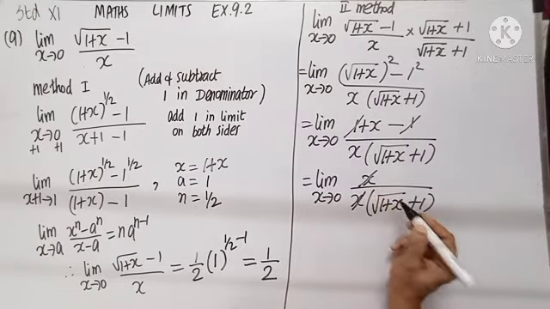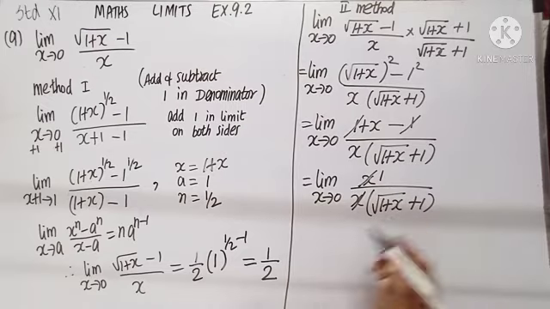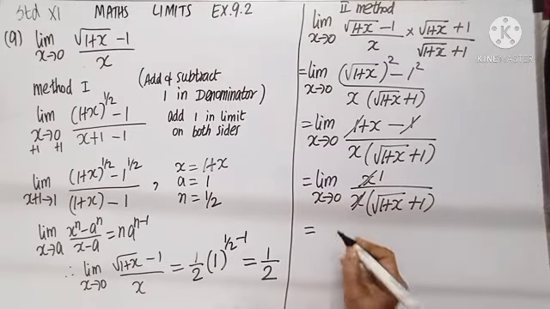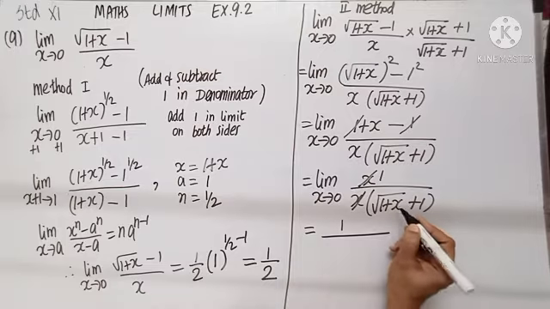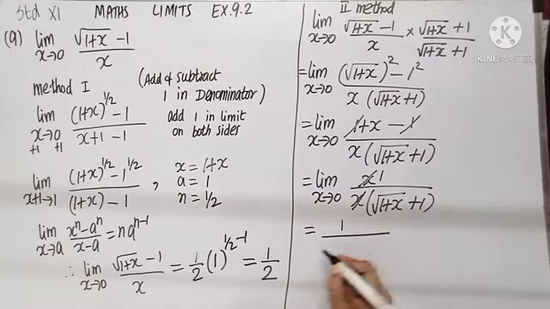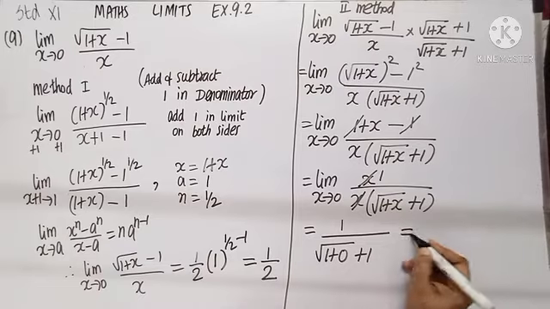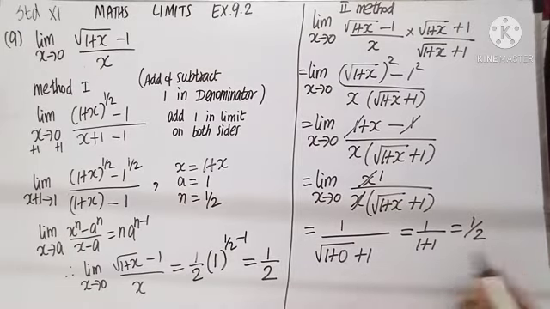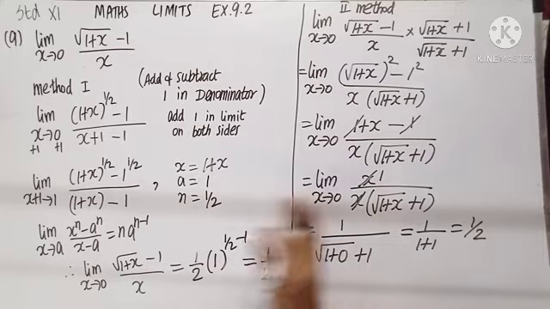Cancelling x up and down, apply the limit. Wherever x comes, I can put 0. 1 plus 0 square root plus 1. That is 1 by 1 plus 1, which is 1 by 2. The answer is same. Whichever method you prefer, you can adopt.